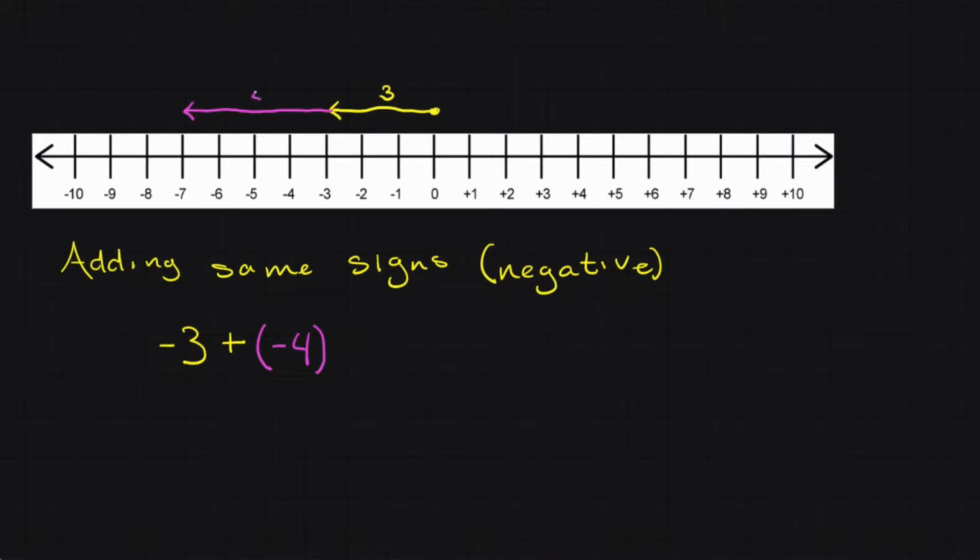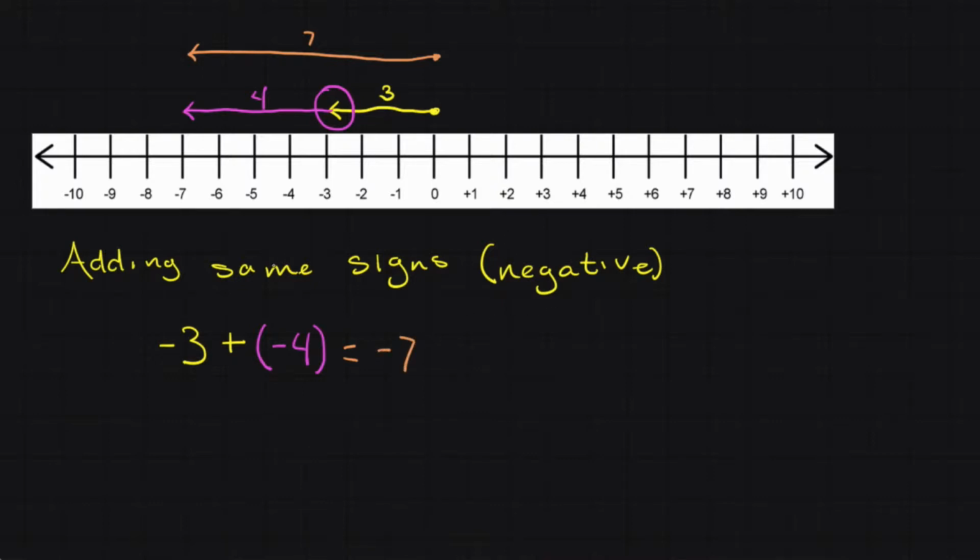So this has a magnitude of 4 and a direction of negative. And when I bind these two things together, they're just going to make one large vector. If I add them together, it would just make one large arrow pointing in this direction and going from 0 to 7. And that's how we can say that negative 3 plus negative 4 equals negative 7.